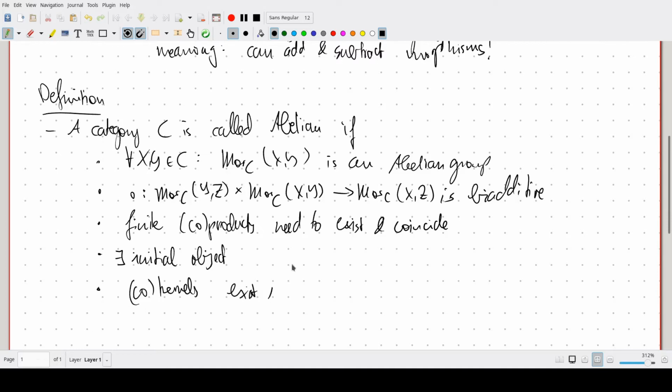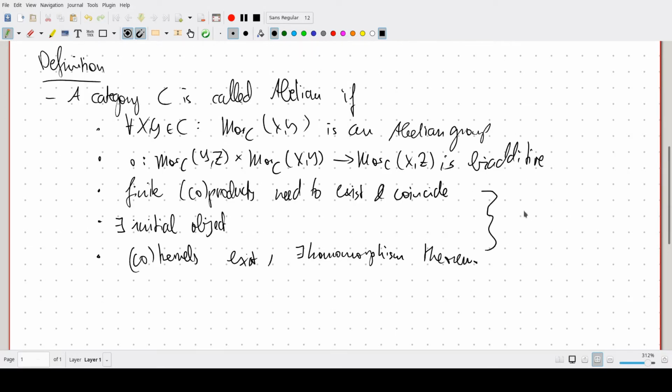And we need to have what amounts to the homomorphism theorem, meaning that epimorphisms and monomorphisms factor through kernels and co-kernels. These are technical conditions. And the main takeaway is that it is abelian if the Hom sets are abelian groups and the composition preserves that property.